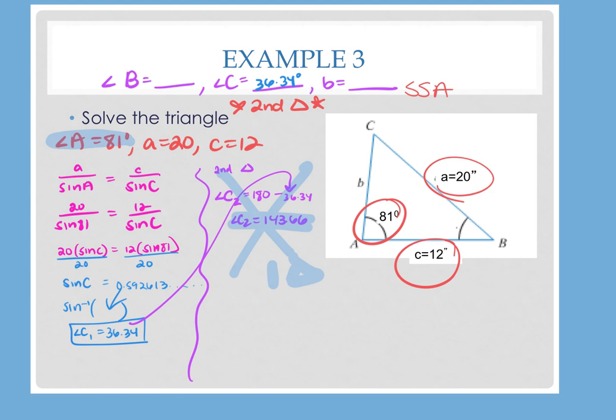How do I find angle B? If angle C is 36.34 and angle A is 81, good. So angle B is 180 minus angle A, which was 81, minus angle C, which is 36.34. And I get angle B is 62.66.